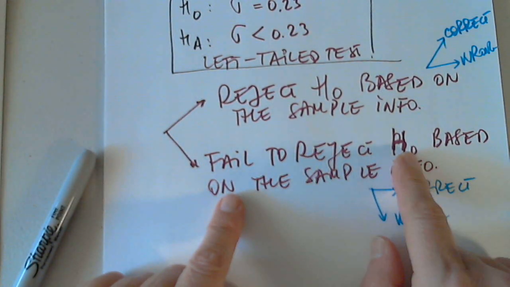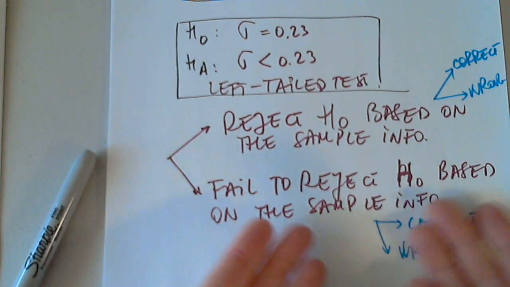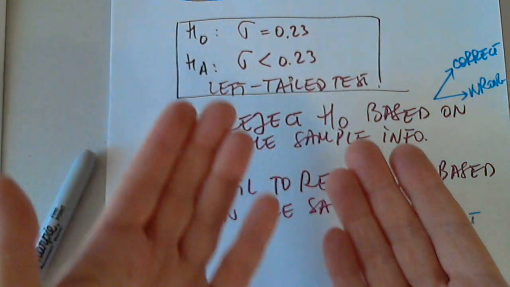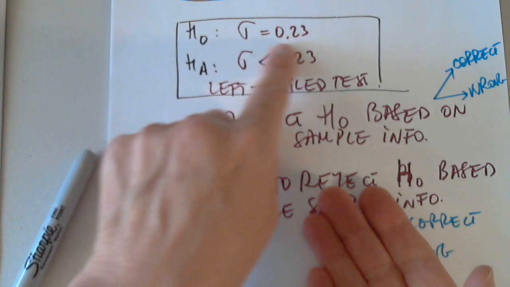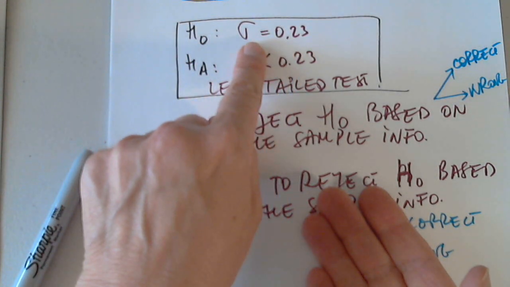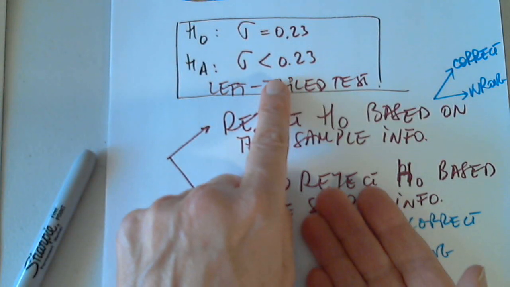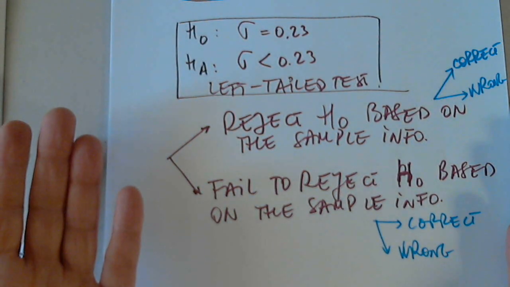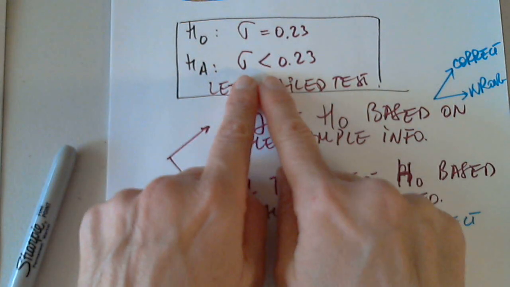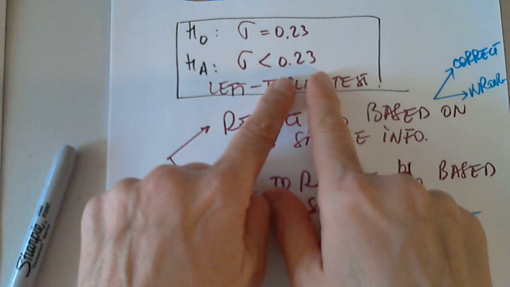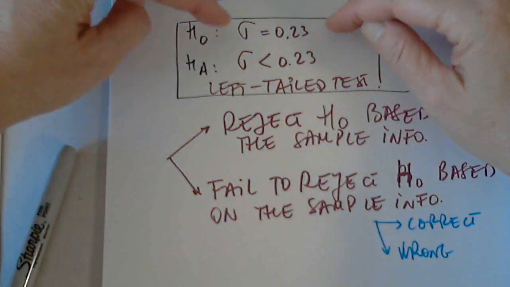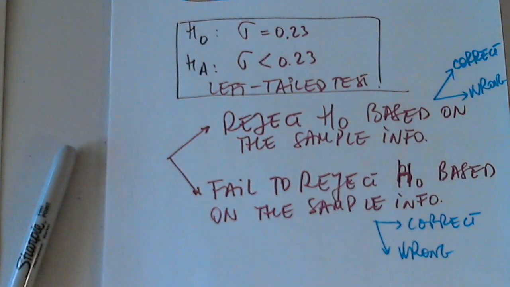What can happen here? I fail to reject the null hypothesis. The information coming from the sample still supports the information from the past. It does not support my claim. I collected a legitimate sample. I could not show that the standard deviation is less than this because the sample information was still supporting the original or old claim.